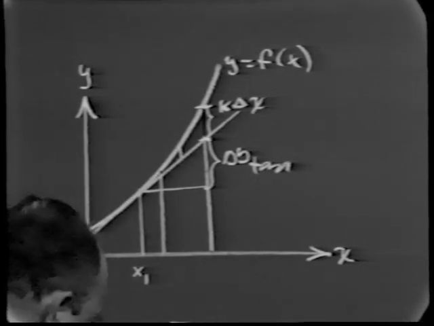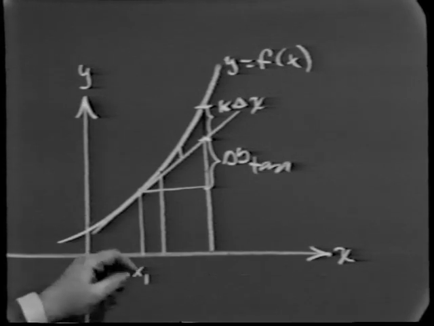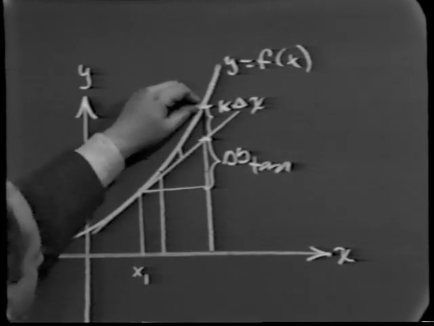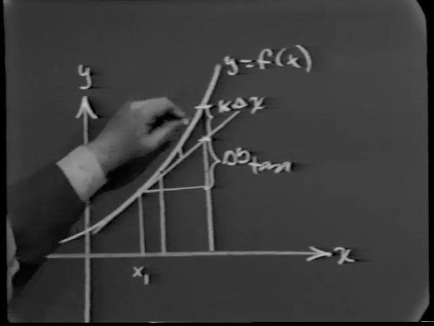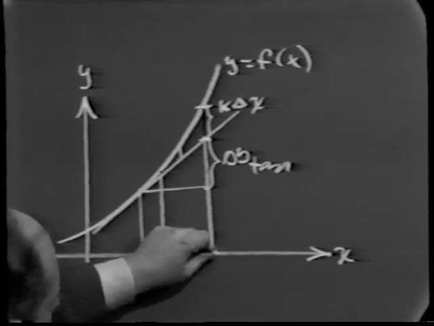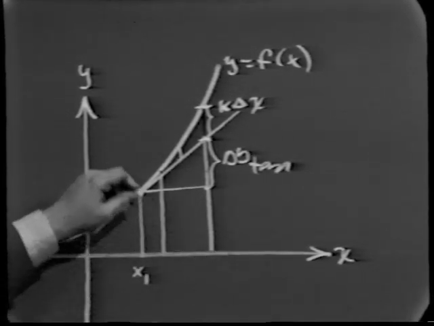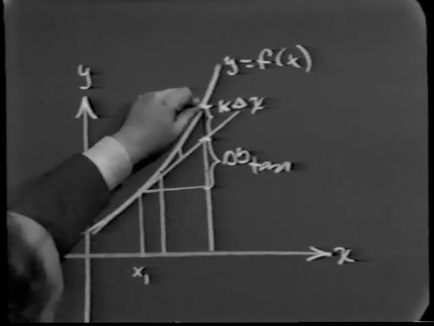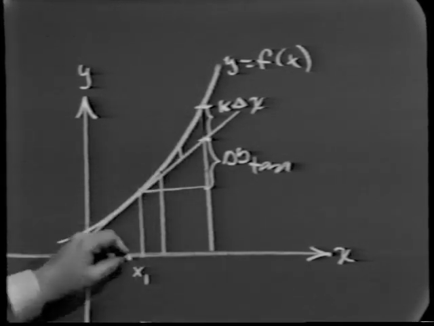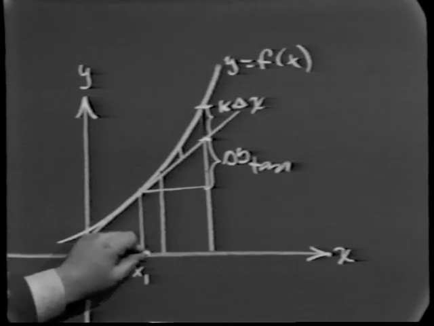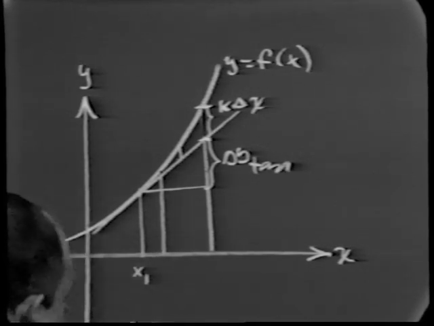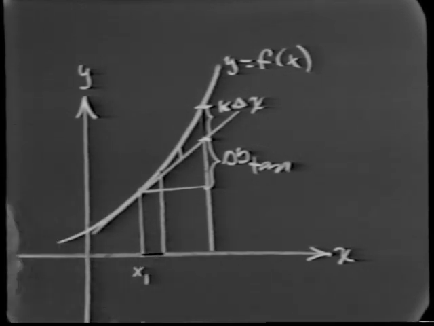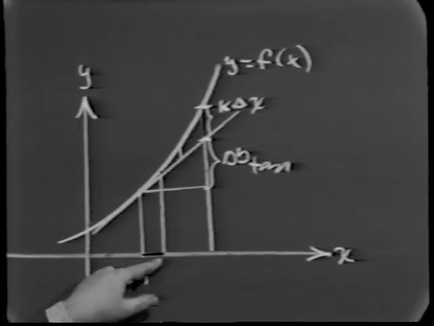Now, how can I prove that? Well, I'm not even going to try to prove that. What I'm going to try to do is have you see from the picture what's happening here. Here's a fairly large delta x. And the difference between delta y and delta y tan for that large x is this length over here. Now suppose we take a smaller delta x. In other words, let's take delta x to be this length over here. Notice that the length of delta x here is still quite significant.